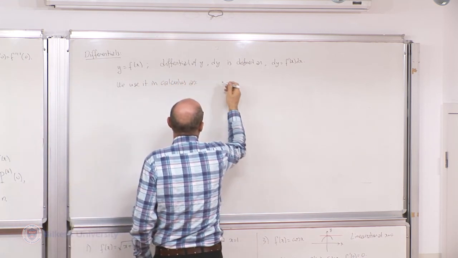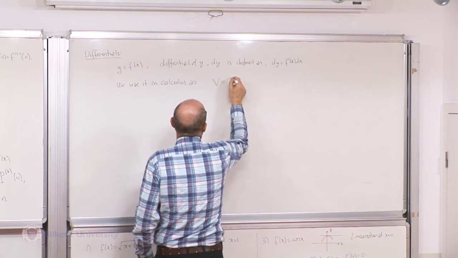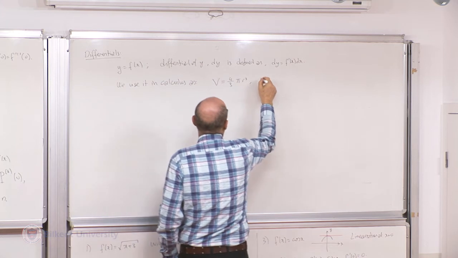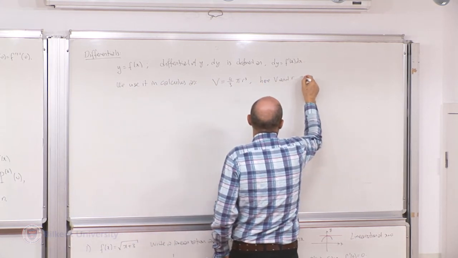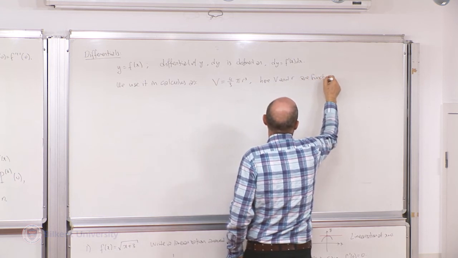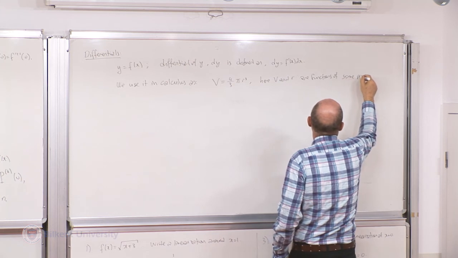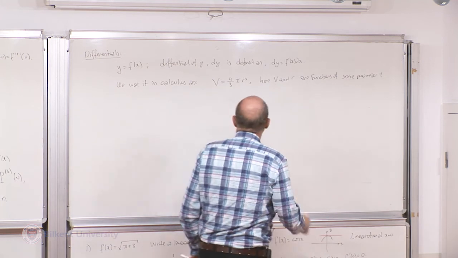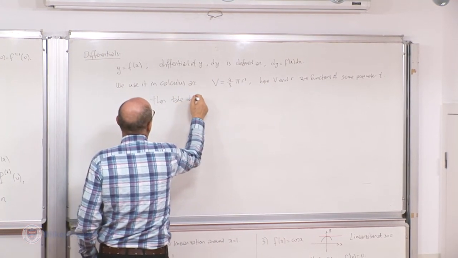For example, this is always the formula given. Say the volume of a sphere is equal to 4/3 pi r cubed. So here, V and r are functions of some other parameter, say t generally. Then take differentials of both sides.